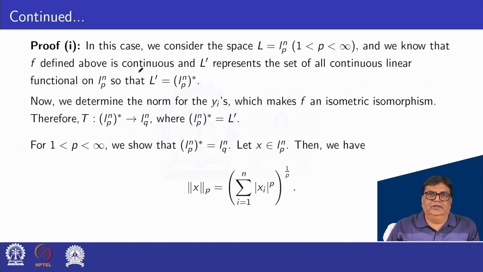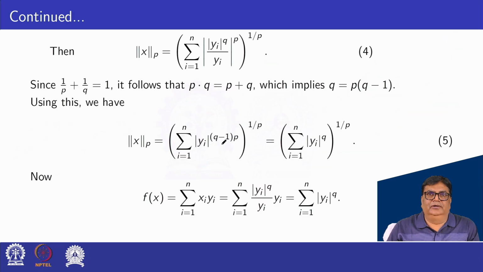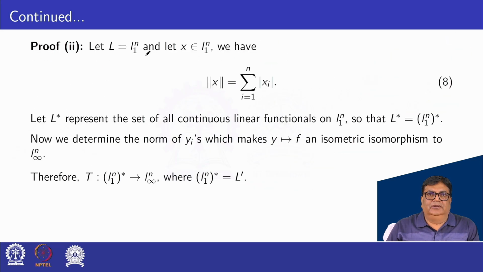Okay, that is L is L1n. Let x belonging to L1n, then norm x is summation mod xi. Let L star represent the set of all continuous linear functionals on L1n. That is, L star is the star of L1n, that is the conjugate space of L1n.